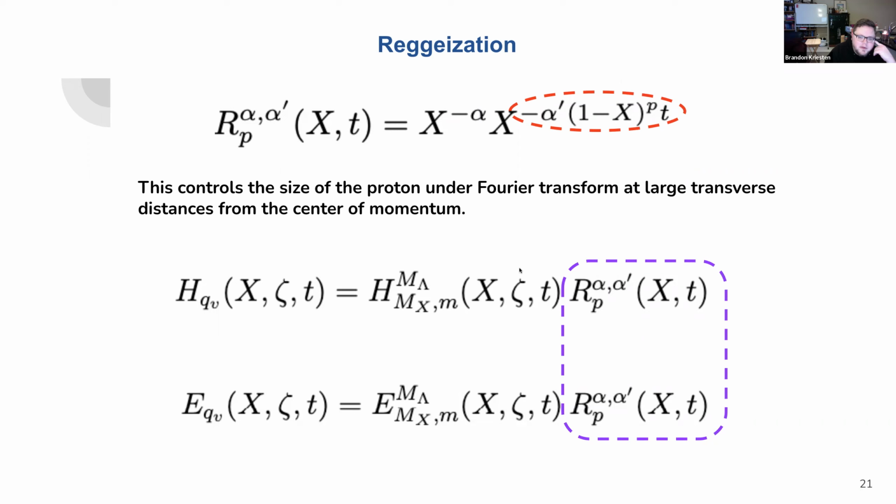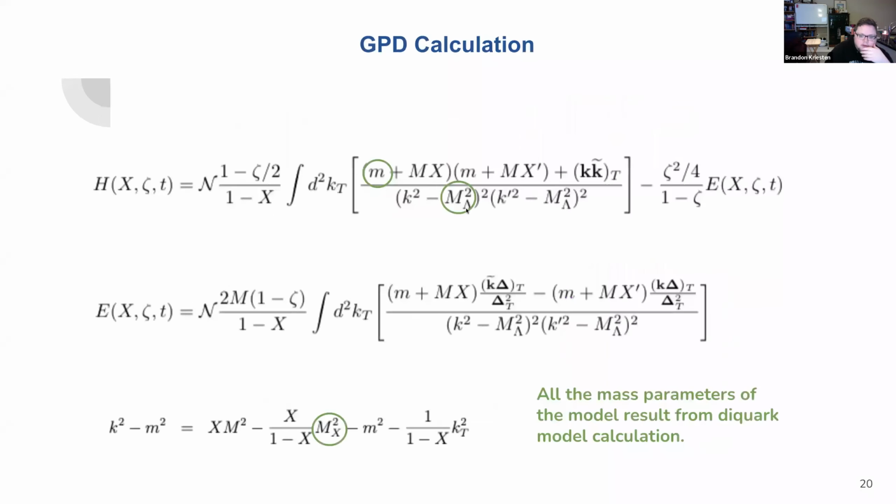So because of this fall off at large t, because of the form here, at large delta t, or Fourier transform large b_T, it's going to fall off much faster than just this term, this calculation does.